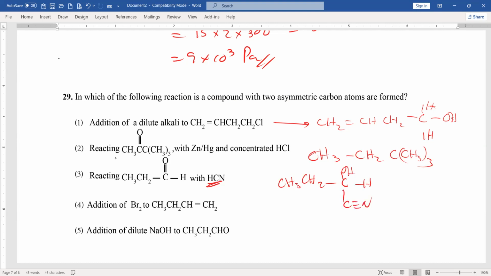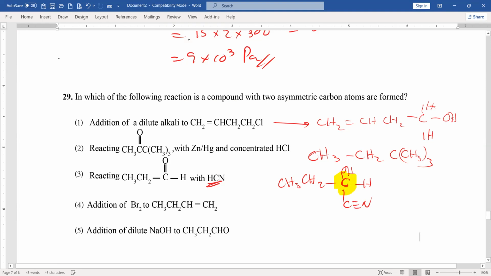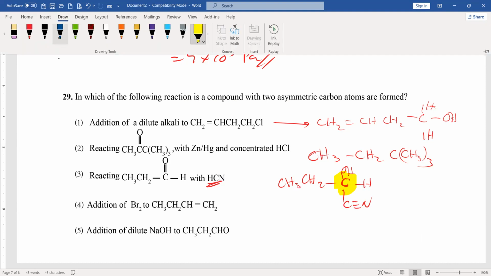So in this case, you have 4 different groups attached to this carbon. Therefore, it is the answer. This carbon is asymmetric. Why is it asymmetric? There are 4 different groups attached to that carbon. So answer may be the third one.